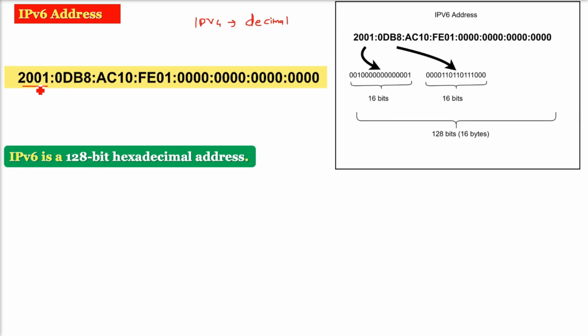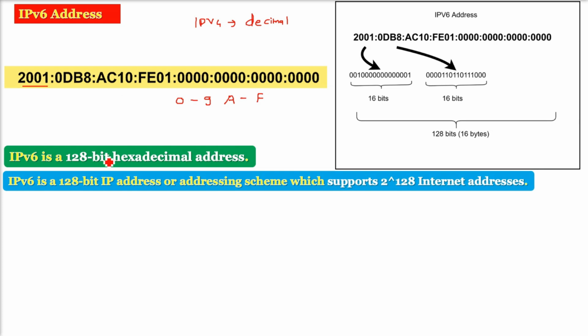That is why it was called dotted decimal notation. But here you have 0 to 9, and A to F is also included. So all in all, you have 16 of them, 0 to F. F corresponds to 15. So we have a hexadecimal address being used, and since we have colons in between, IPv6 is a 128-bit IP address.